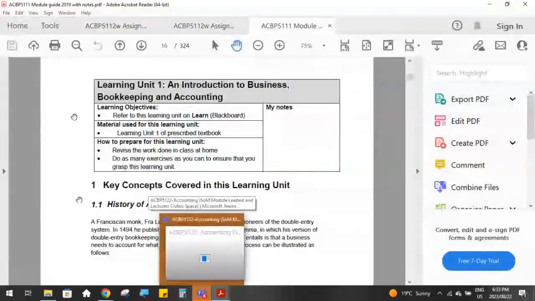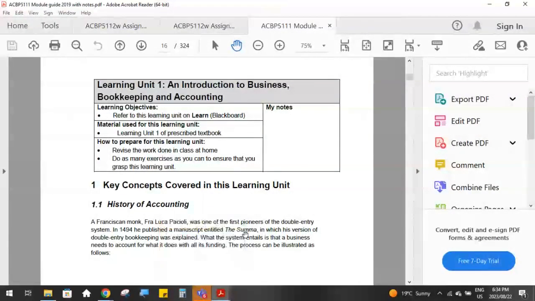This document that I'm working from is called a module guide, but basically all the information in this module guide you will find on Learn, in the learning units on Learn, or in your textbooks. So this isn't information that isn't available to you anywhere in your resources.